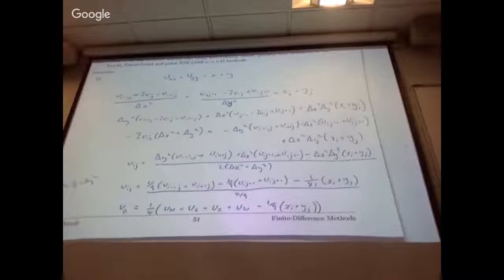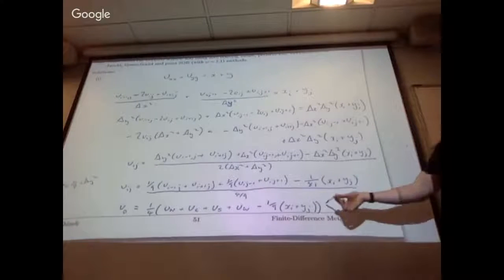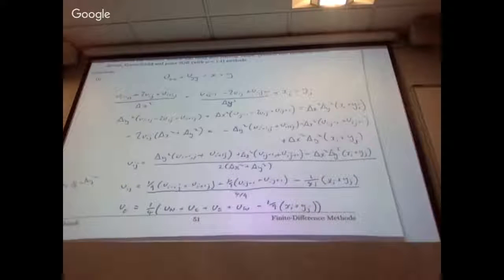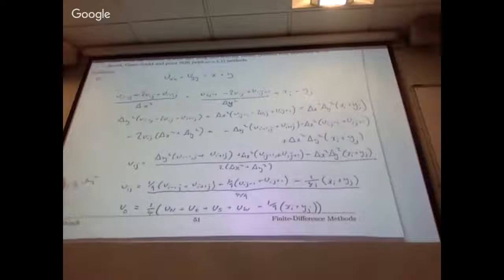In part 2, you write out the linear system as a matrix equation. So taking this scheme here, I want to write it out as a matrix equation. Now, as I said before, we don't use that to solve it. It's important for you to really understand what's going on.